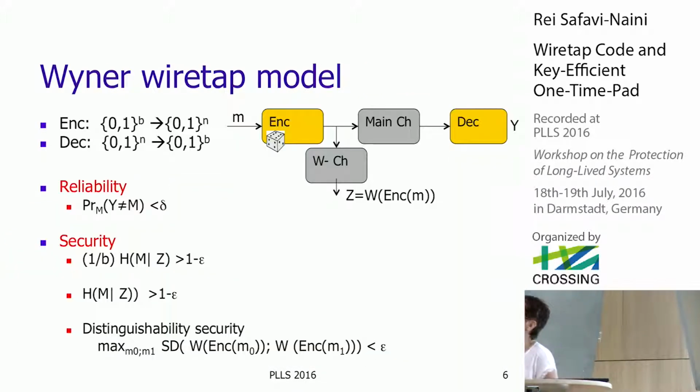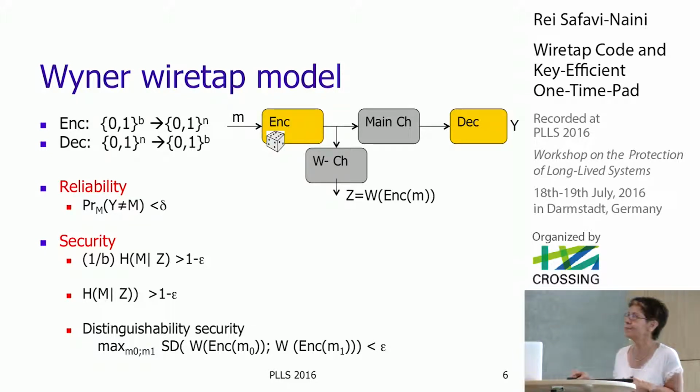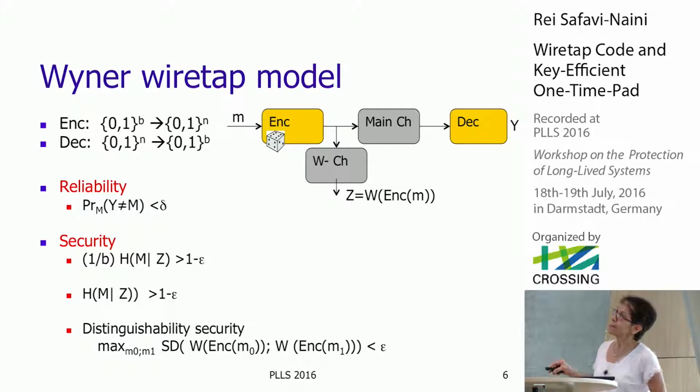Okay, so to be able to say what this new construction is, let's quickly go over some definitions. This is the definition of a wiretap code. This is the encoder. As you can see, it's a randomized encoder, and there is a deterministic decoder. When you encode a message, it goes through this wiretap channel, where noise is added to it.